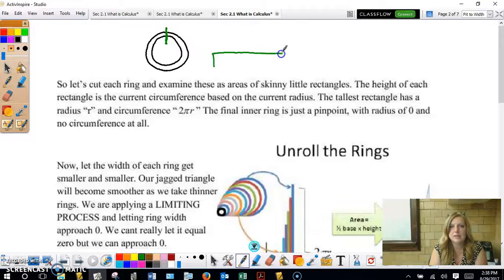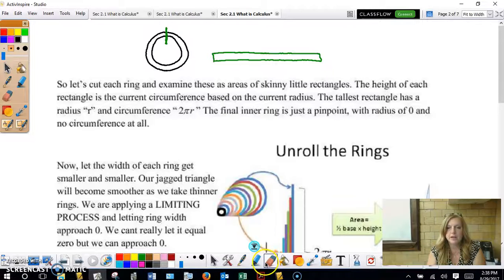But now let's think about this. Is it truly a rectangular shape? Remember, I'm not really trying to morph it. It's not Play-Doh that's going to change the shape. I'm just taking it and straightening it out like that. And if you think about it, it's not quite a rectangle.